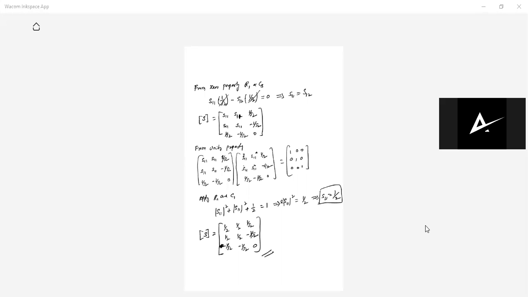S matrix size is 4 by 4 matrix. Okay, so we'll see for the magic T.